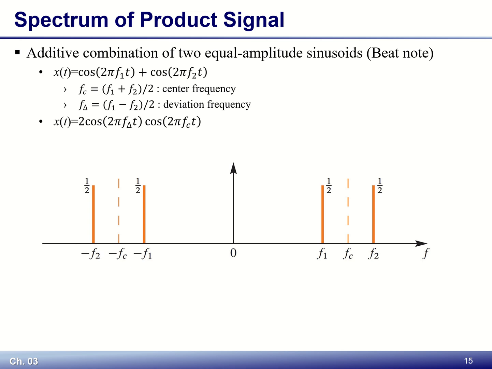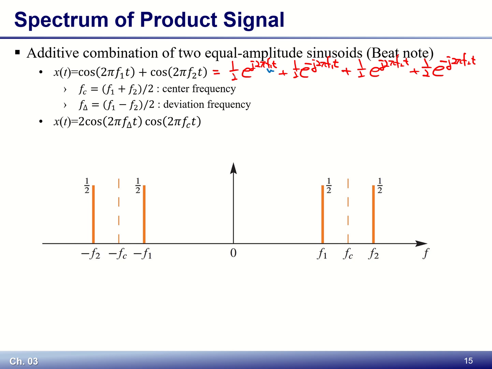It is a half exponential j 2 pi f1t plus a half exponential minus j 2 pi f1t plus a half exponential j 2 pi f2t plus a half exponential minus j 2 pi f2t. So you can draw the spectrum.